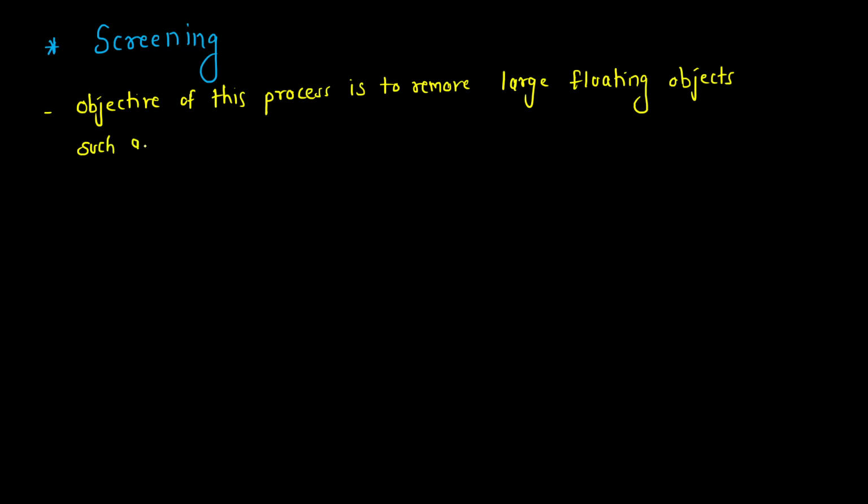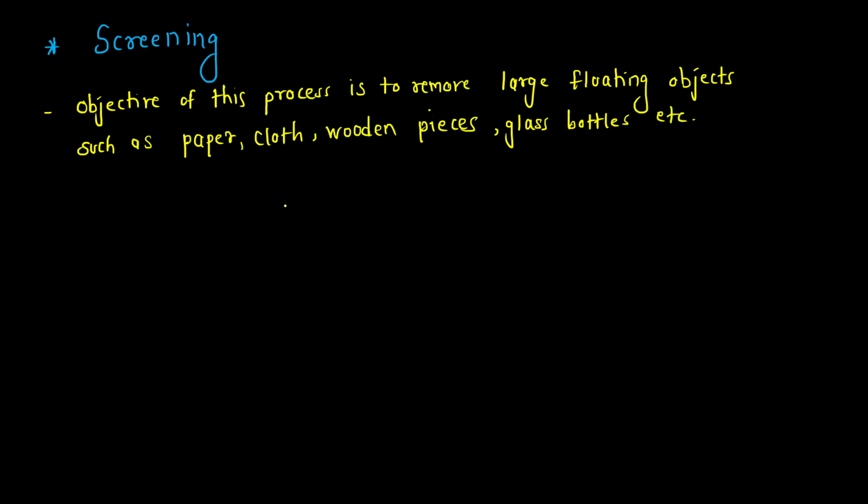So write down, such as paper, cloth, wooden pieces, glass bottles, etc. It is used to remove these large objects from the sewage.